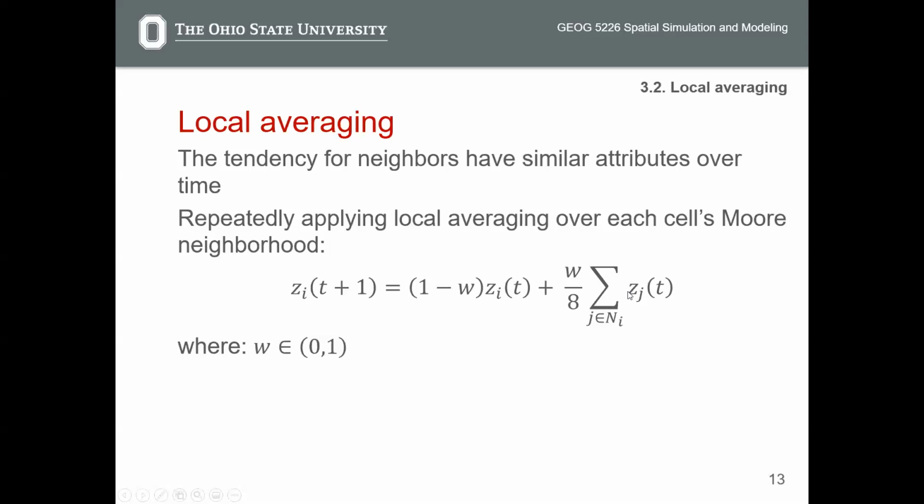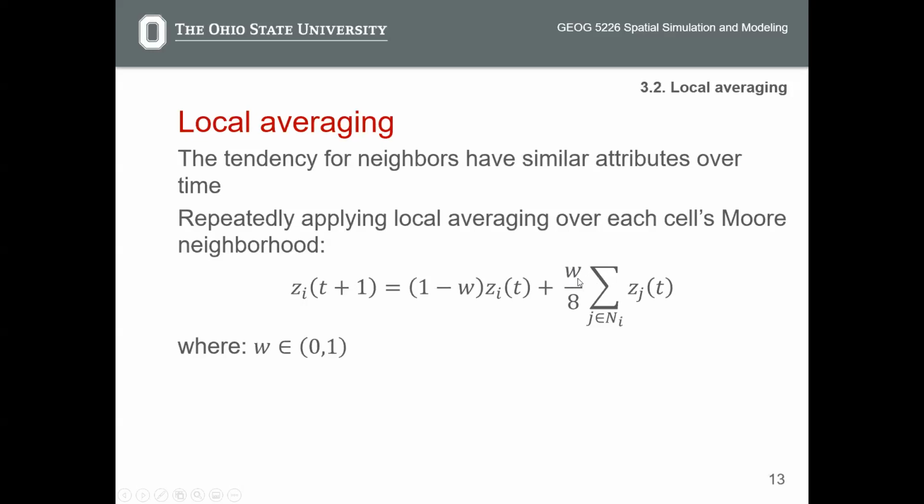But what's the weight? 50% is decided by the average value. 50% is decided by its current value because W is equal to 0.5, right? So now you know why W is called weight. It is the weight for the average value of the neighbors of the central cell.